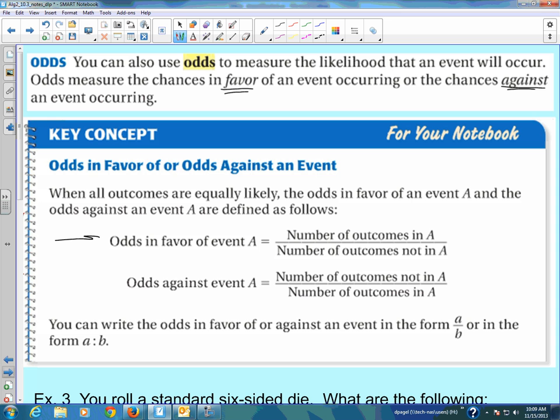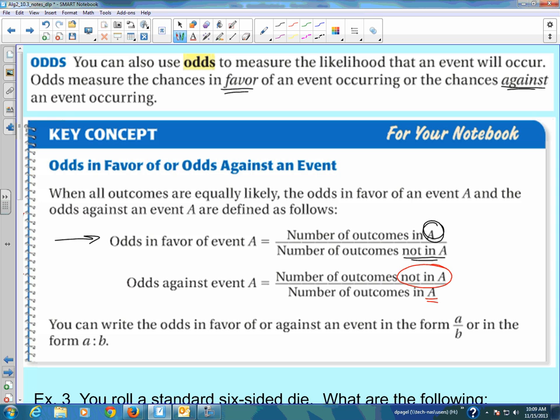We have odds in favor of an event. So odds in favor, let's say odds of event A happening, divided by the number of outcomes for event A not happening. That would be odds in favor. Odds against an event would be I don't want the event to happen, divided by how many times the event could happen.